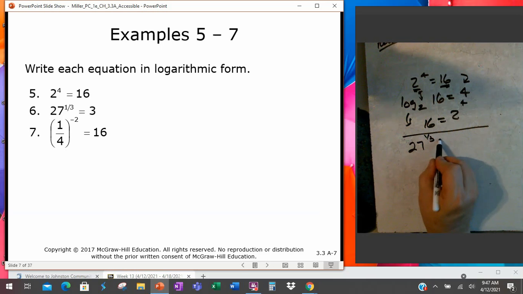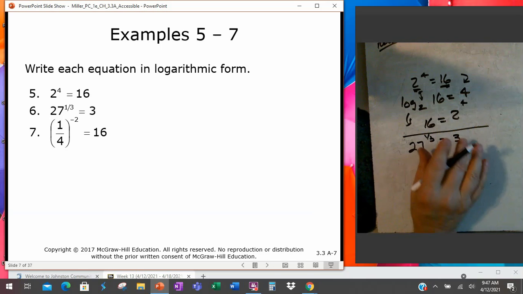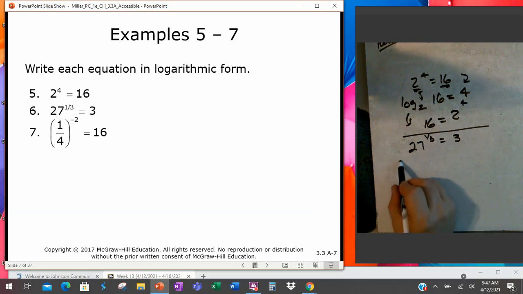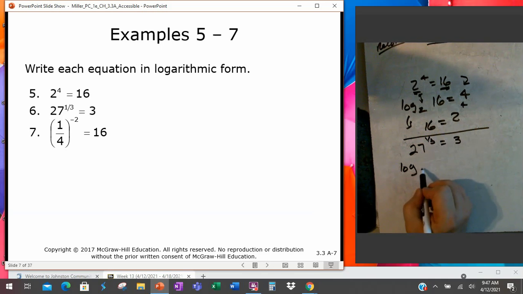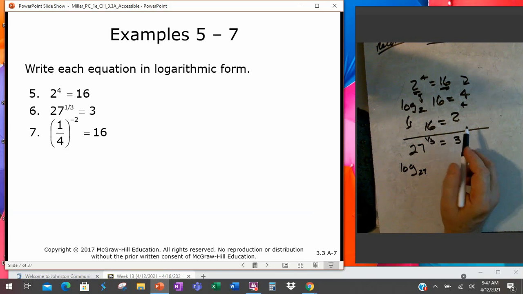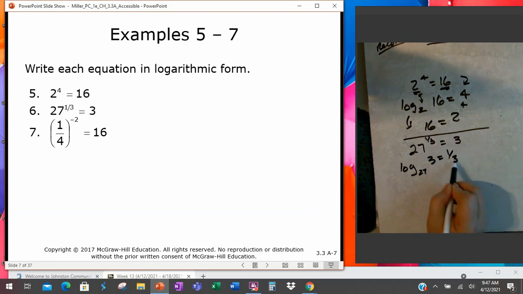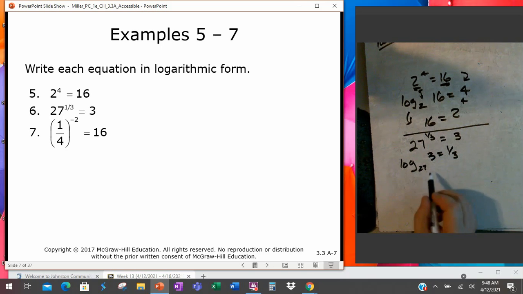The cube root of 27 is equal to 3. I want to write this just like this. So the log, what's my base? This is the one that I'm raising to a power, so this is the base here. What is the number? This is 3, and that's the exponent. This way is actually easier for me to go back. I want to represent 3 as some power of 27.